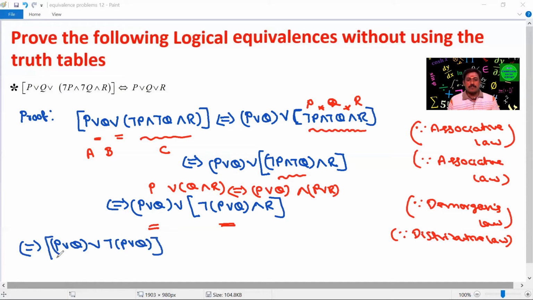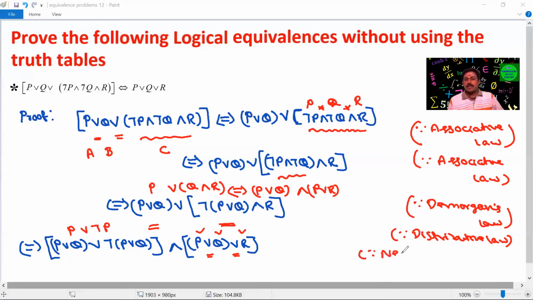This is the first term. Then and next is the term (P or Q) or R, the second term. Now, if you observe these two terms, it looks like the P or not P form. And here all the symbols are the same, three different variables.